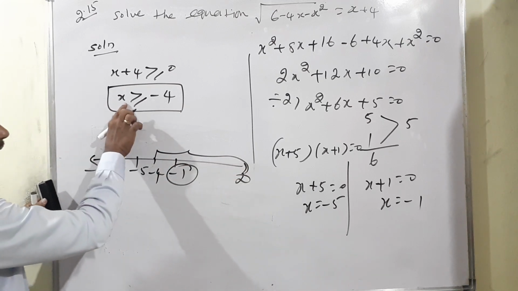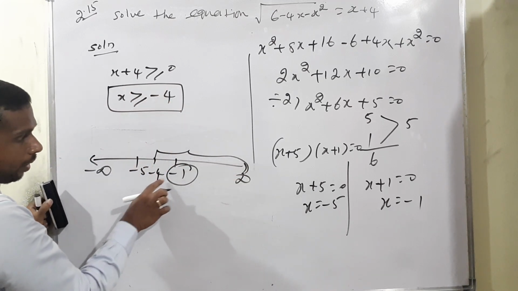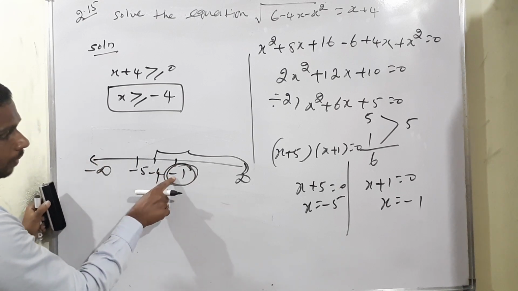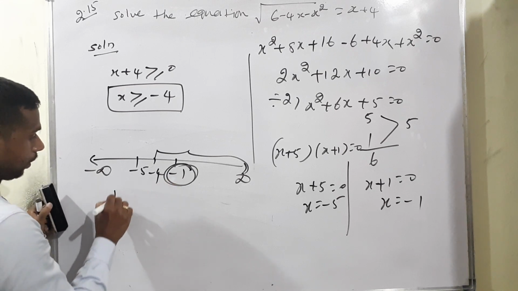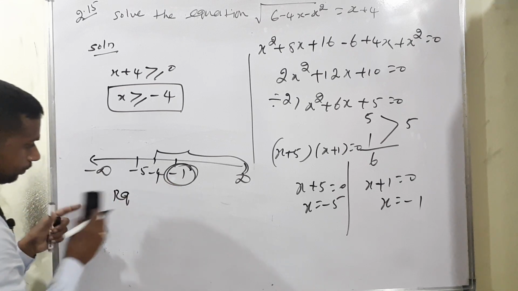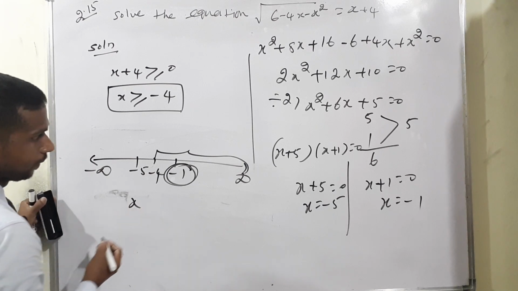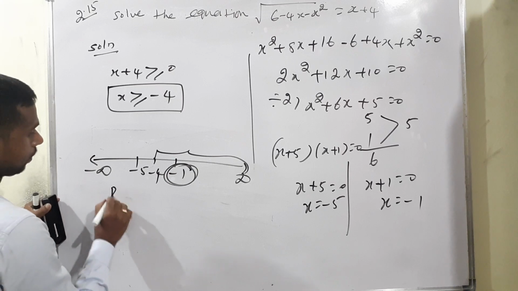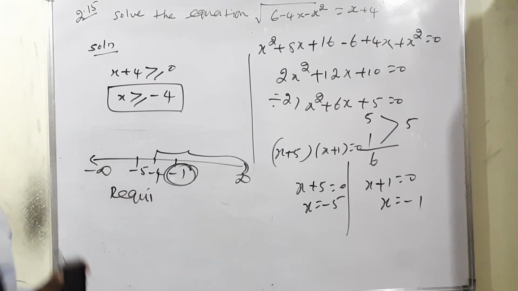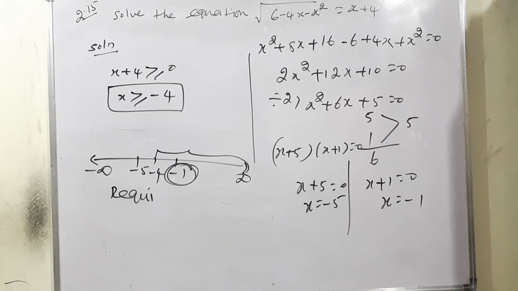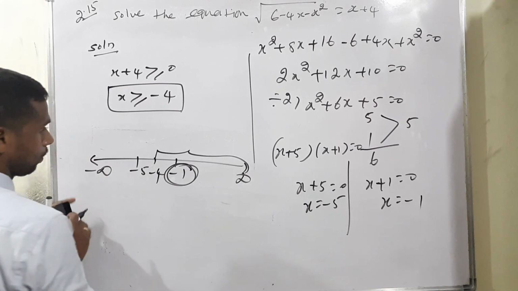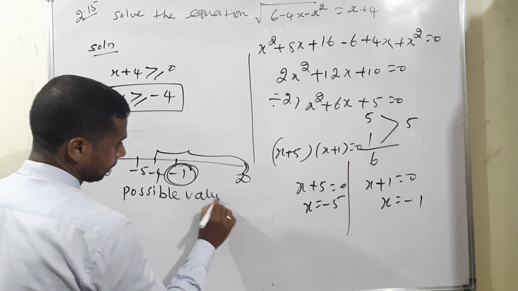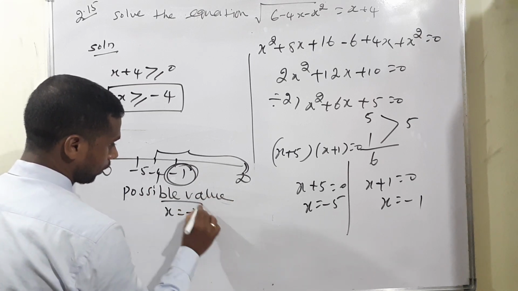The condition is x greater than or equal to minus 4. In between, what term is there? Minus 1. Therefore, x is equal to minus 1. Therefore, the required x value, otherwise we can write x belongs to minus 1, isn't it? The possible value is x equal to minus 1.